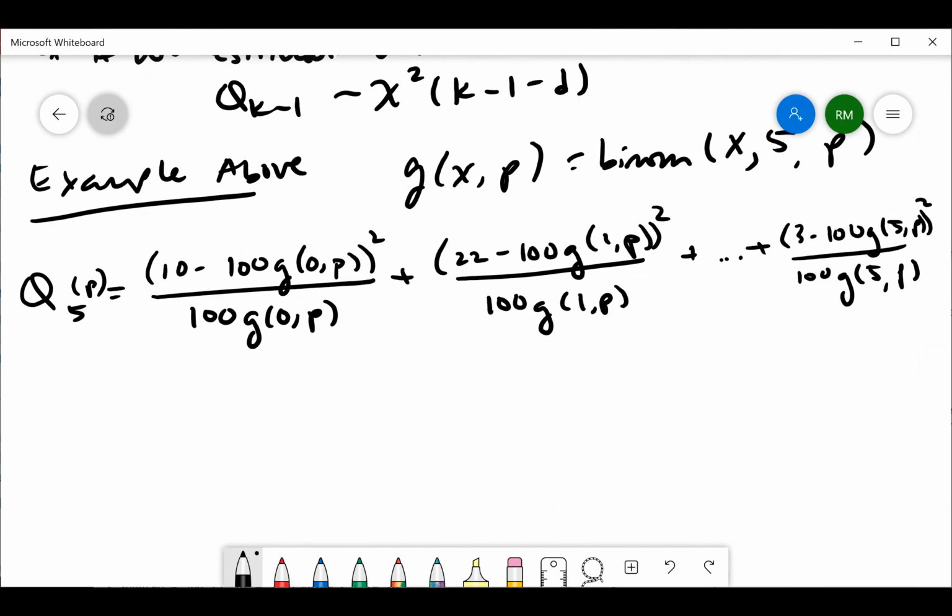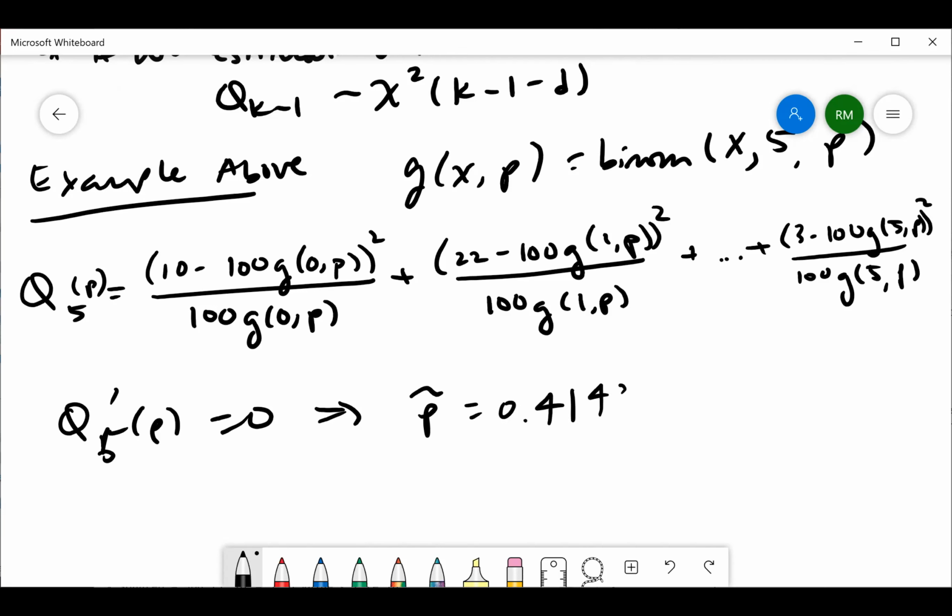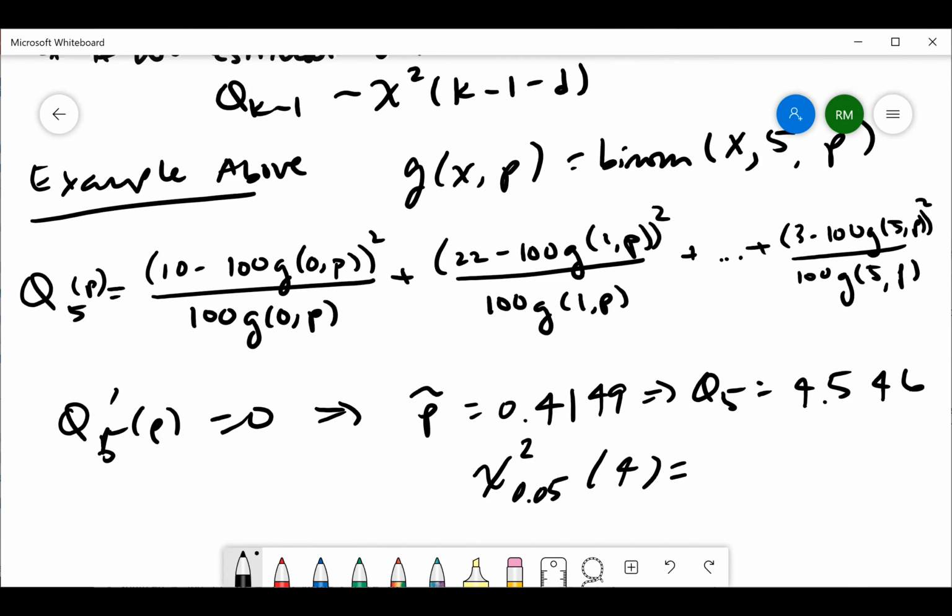And we want to find where this is minimized, but this is a function of p. So how do we find where something's minimized? We take the derivative and set it equal to 0, and we get that p tilde is equal to 0.4149, which leads to a Q5 value of 4.546. And the chi-square critical value for 4 degrees of freedom is 9.488.